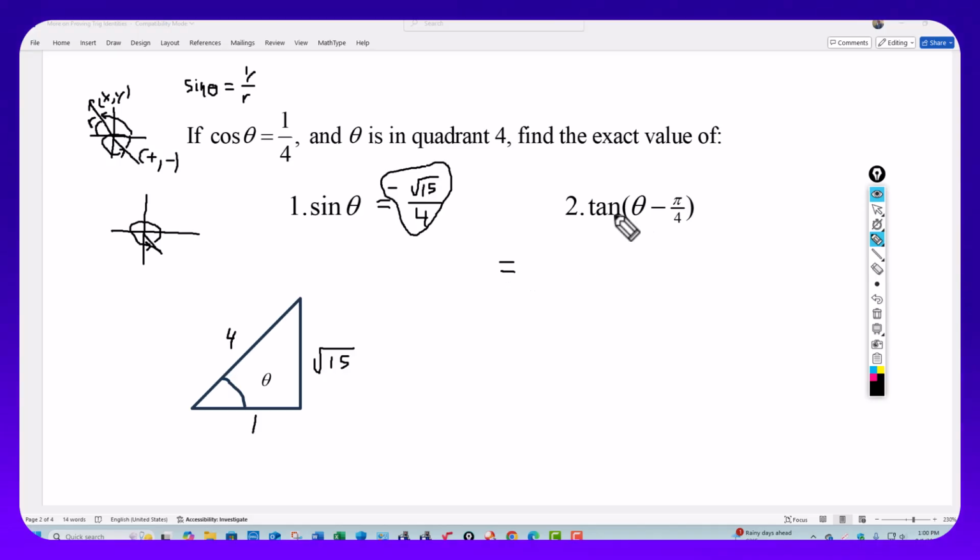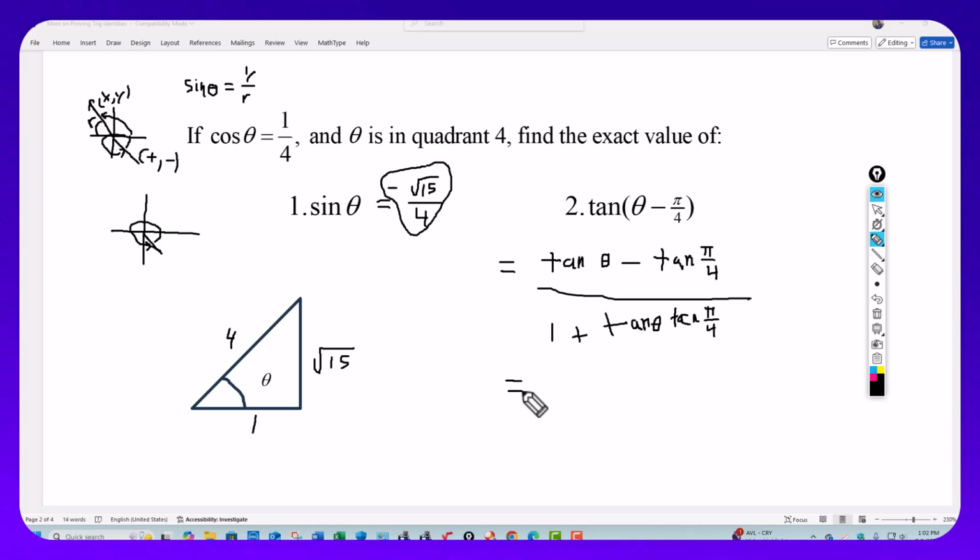The tangent of the difference of two angles is the tangent of the first angle, theta, minus the tangent of the second angle, pi over 4, over 1 plus the product of the tangent of the first angle, theta, and the tangent of the second angle, pi over 4.